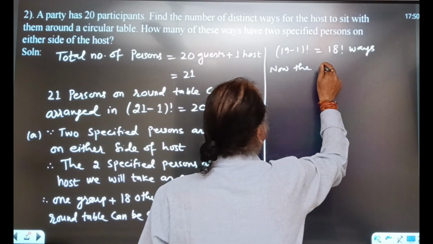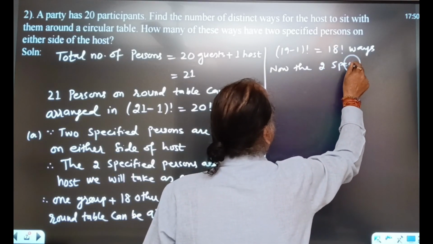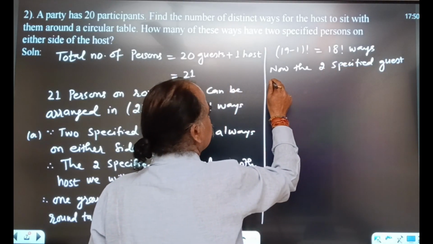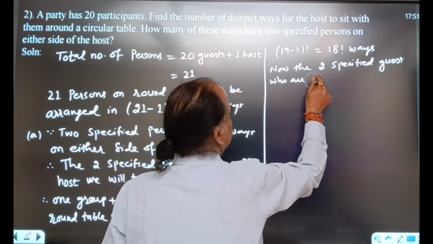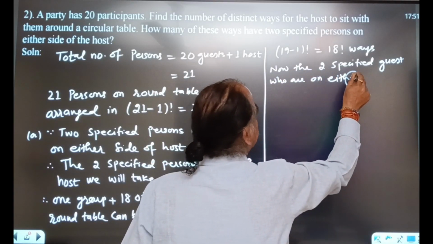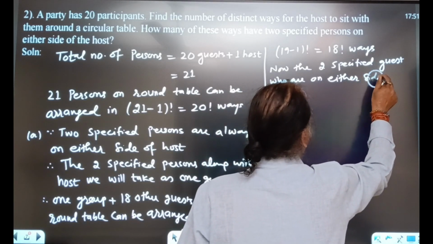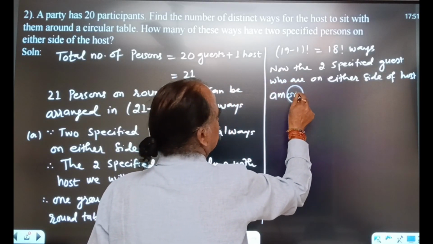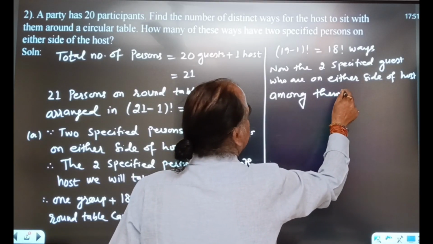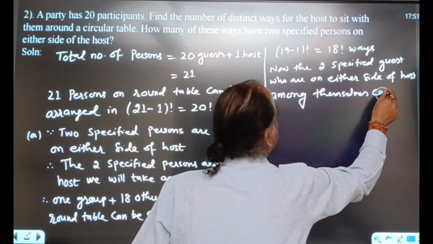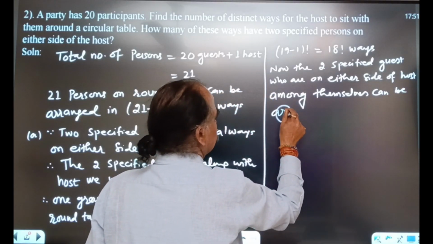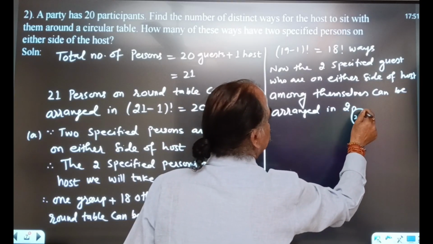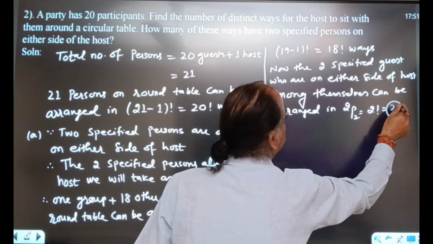Since two specified delegates are always together, therefore we will take them in one group.